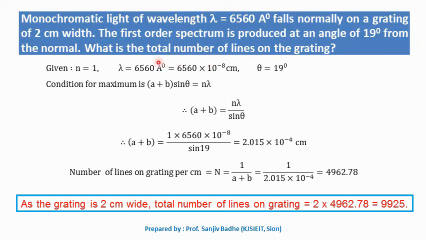So total number of lines on the grating will be number of lines per centimeter multiplied by width of the grating. Width of the grating is given as 2 centimeters. So multiply this by 2, and the number of lines on the grating are obtained as 9925. So this is the final answer.